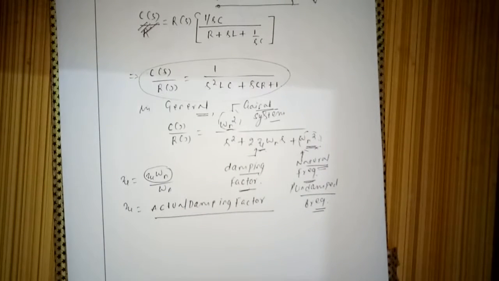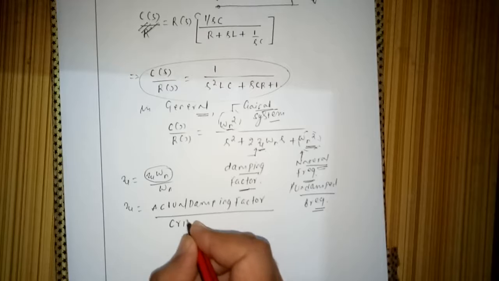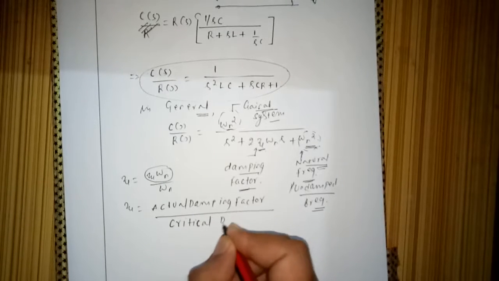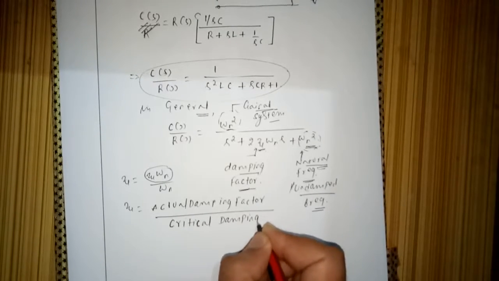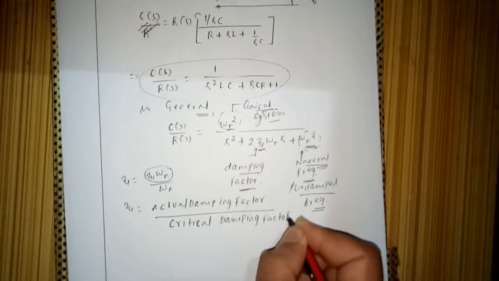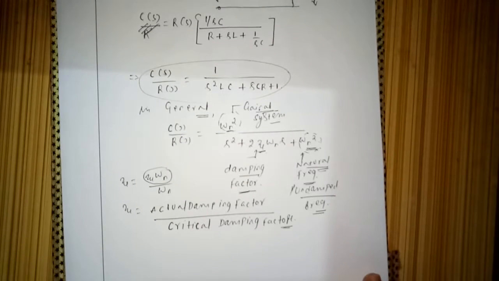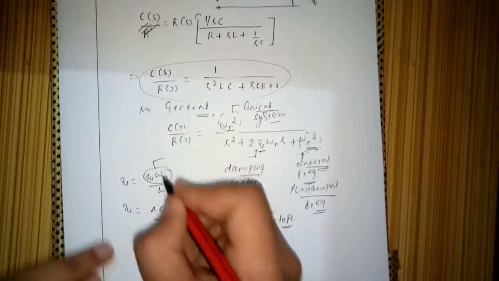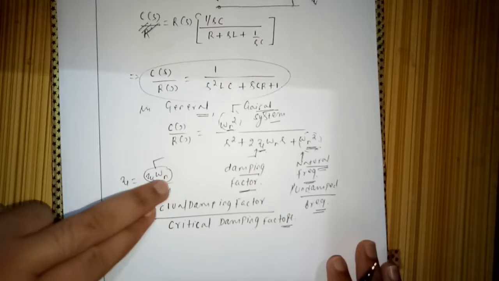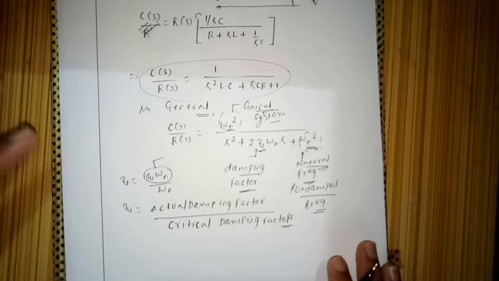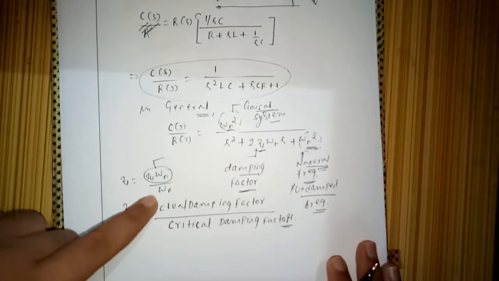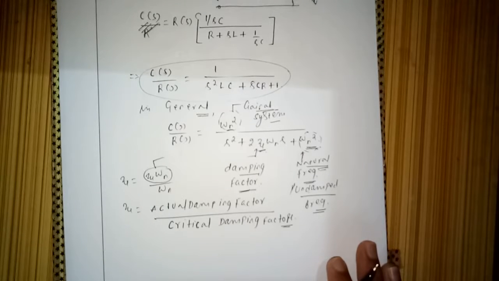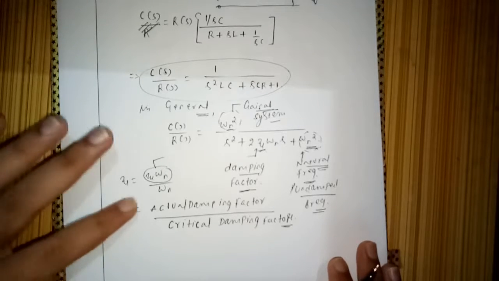And omega n is nothing but the critical damping factor. Therefore zeta is defined as the ratio of actual damping factor, how much damping the system is doing, and critical damping, which is this omega n, right? Because zeta equal to 1 is known as critical damping only, right? So that's how we define our zeta.